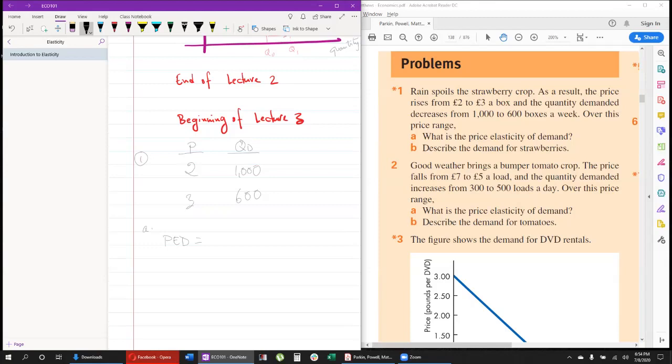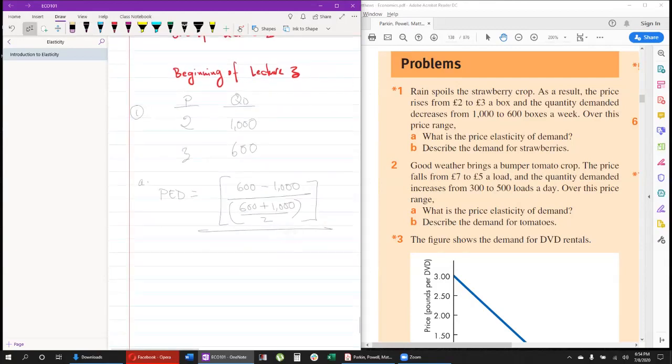Okay, so of course the formula is new QD minus old QD divided by new plus old divided by 2. This whole thing will be divided by new price minus old price divided by new plus old divided by 2.